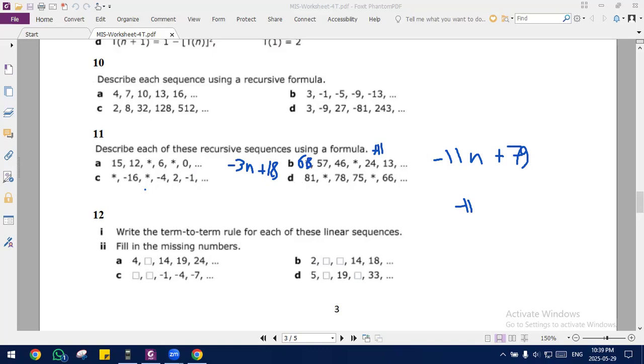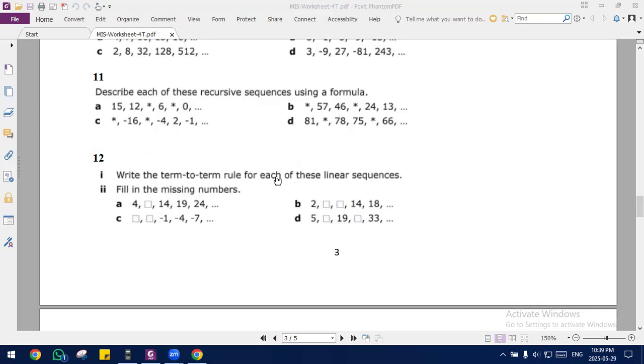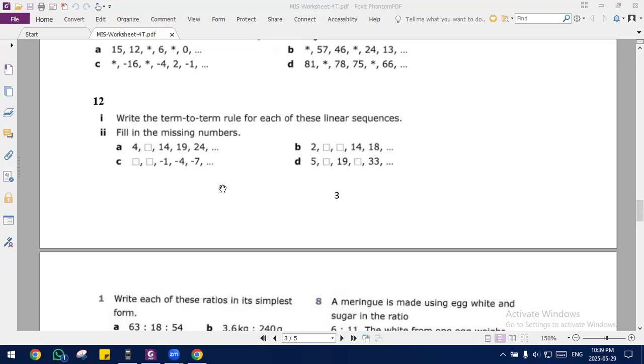Okay, let's continue with question 12. Write the term-to-term rule for each linear sequence and then fill in the blanks. Now, term-to-term, what does that mean? You just check between one value and the other value. What is happening? Plus what? Minus what? First one we have 14, it becomes 19, it becomes 24. So it's increasing by 5.